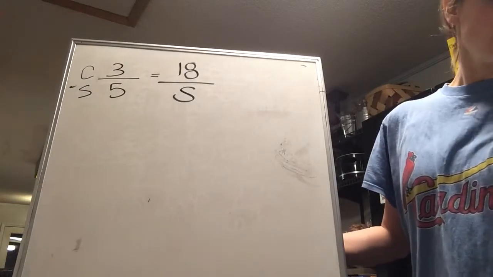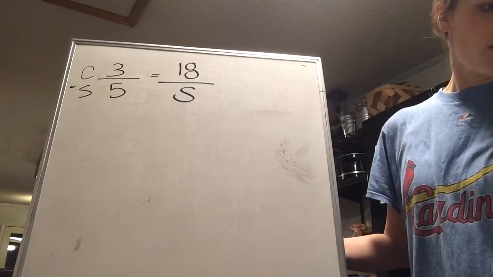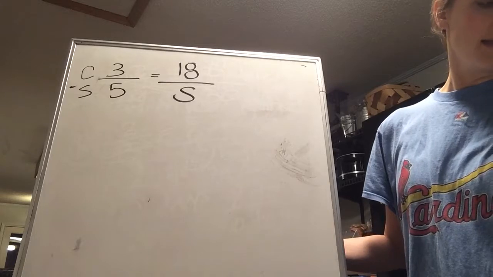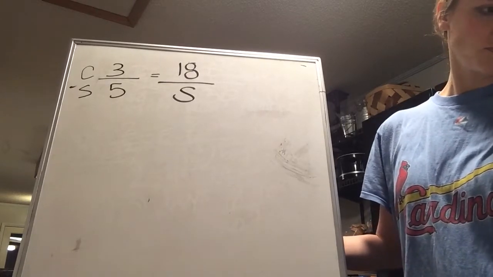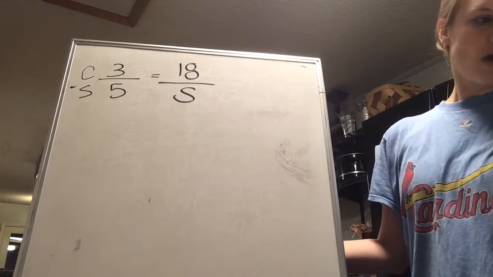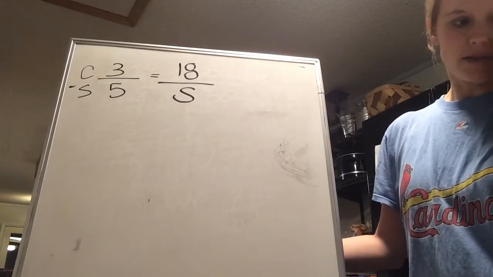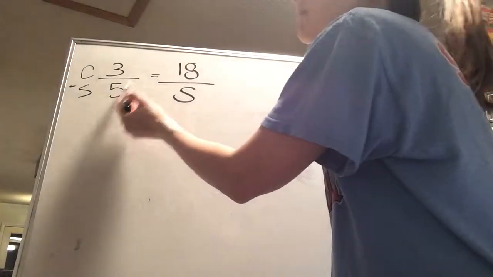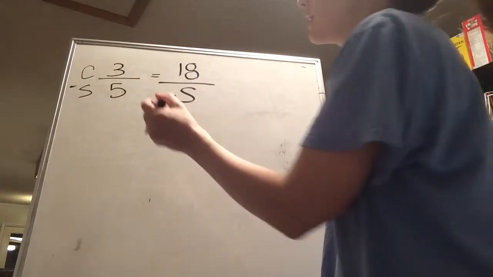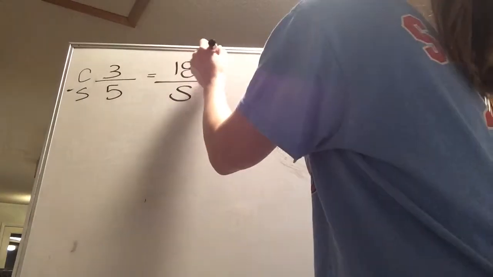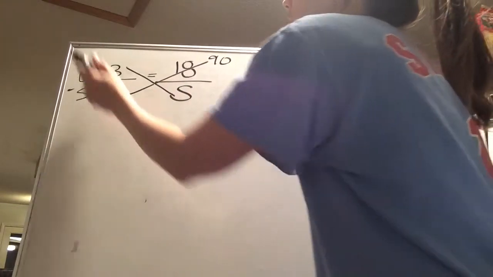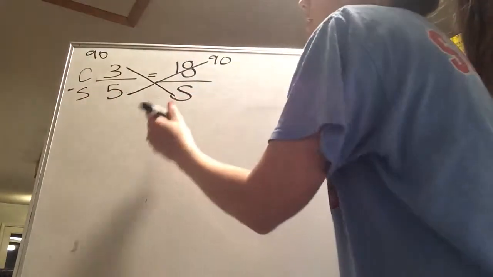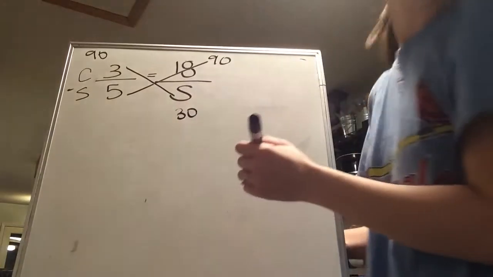The ratio of cloudy days to sunny days is 3 to 5. If there are 18 cloudy days, then how many sunny days are there? So S is sunny. So you can cross multiply here. In this example this is how they did it. They said 5 times 18 is 90. And what times 3 gives you 90? And that would be 30.